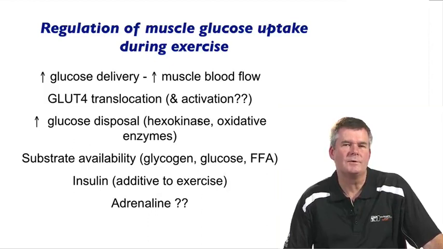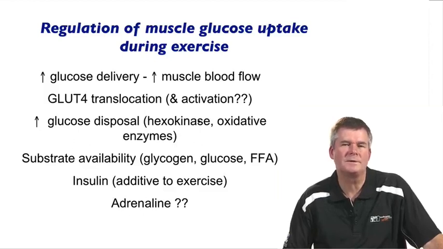Another important consideration is if you're a type 1 diabetic and you have to inject yourself with insulin, if that occurs in close proximity to exercise, because the two stimuli are additive, that can often increase the risk of premature hypoglycemia.